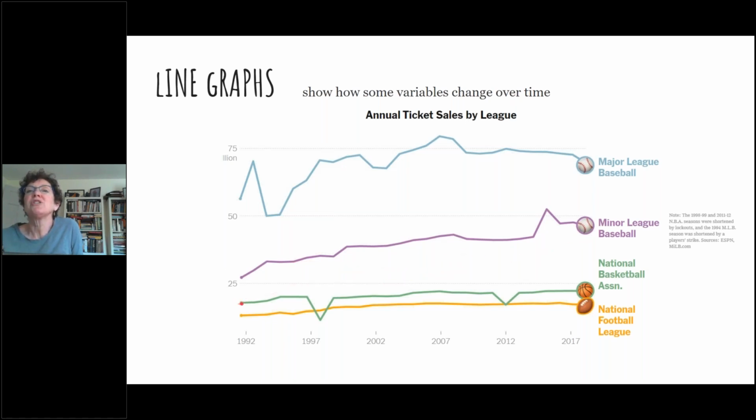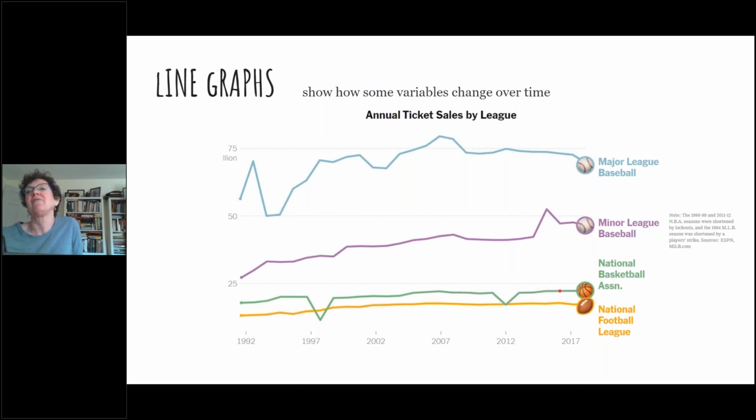Now, what question do you have about the National Basketball Association? It looked like during the years 1997 and 2012, the number of tickets bought declined. Yeah, sharply, right? For the most part, this is fairly flat.